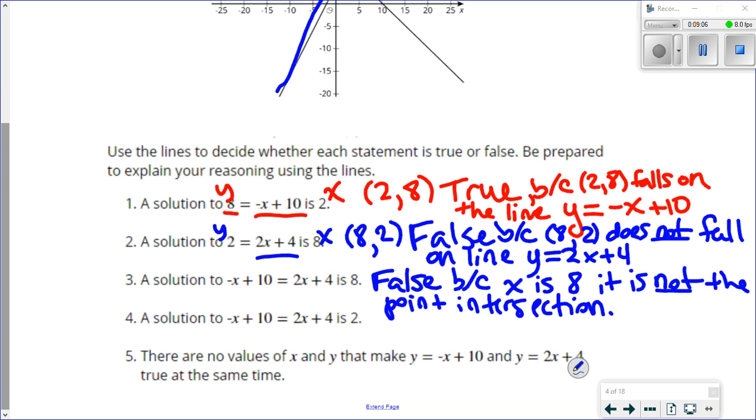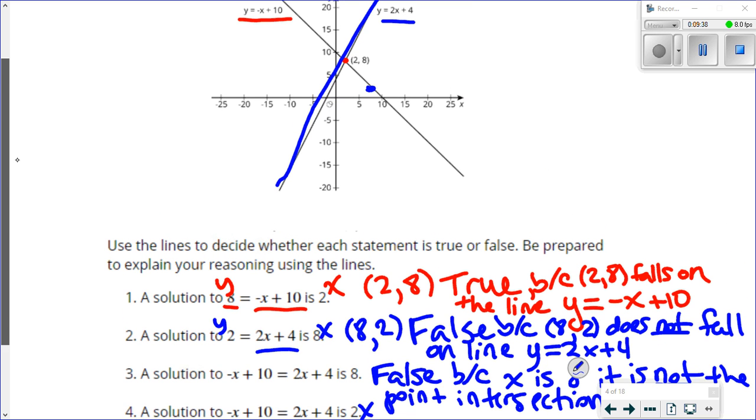Now they ask in question 4, is 2 a solution to the following equation? Negative x plus 10 equals 2x plus 4. So again, they took the two equations from our system and set them equal to each other. So again, that tells me they're looking for the intersecting point, which would make both equations true in the system. This is representing x. So is that true if I look back up at the graph?